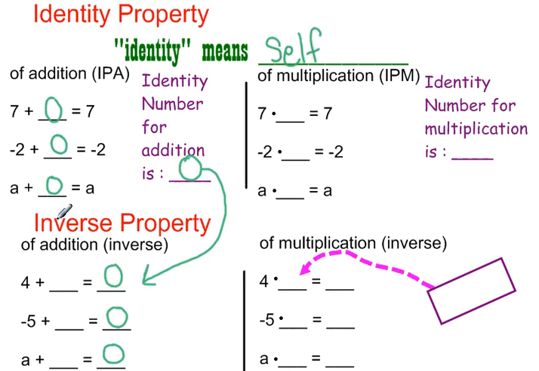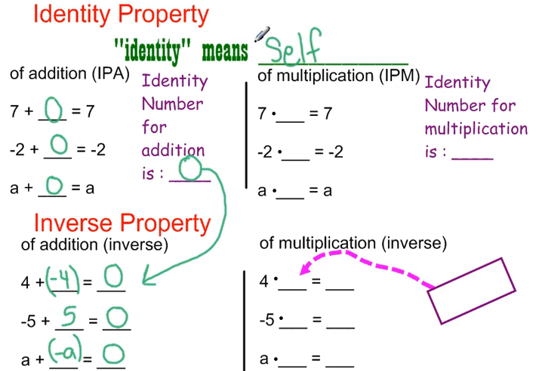And if you were listening earlier, I said inverse is like opposite. The opposite of 4 is -4. 4 and negative 4 will give me 0, like that 0 pair that we saw. Negative 5 plus, well, what's the opposite of negative 5? 5. That'll give me a 0. And the opposite of A would be negative A.